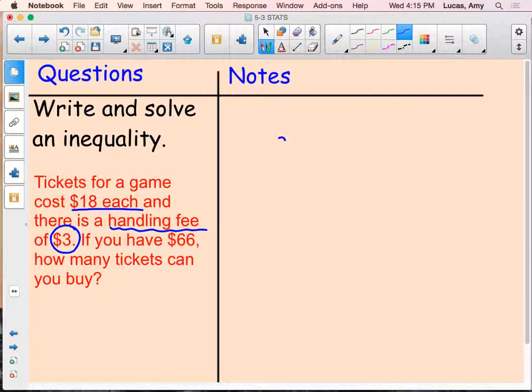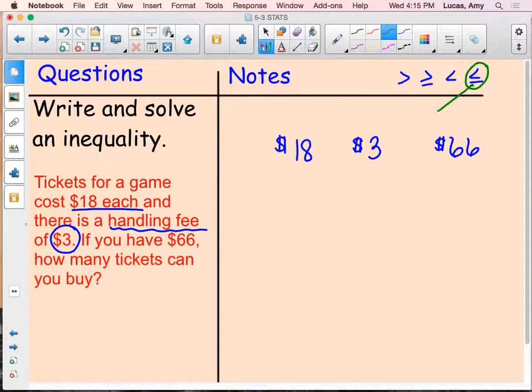So we've got numbers, we've got 18, we've got 3, and if I have $66, that means that if I'm thinking about my inequality symbols, I can't spend more than $66. All that I have is 66. So I am going to use the less than or equal to symbol here. Less than or equal to, because I could spend all 66 or I could spend less than that.